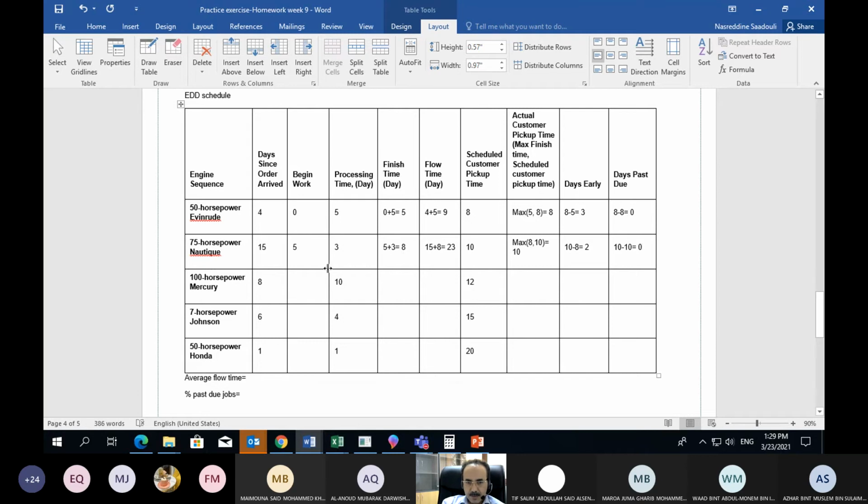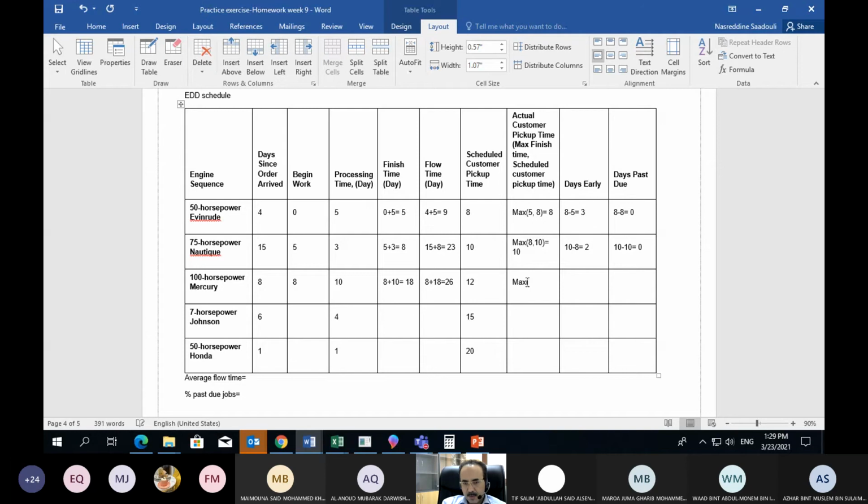Okay, so now for the third job, we're going to start it as soon as we finish the second one. So therefore, we'll start on day 8. It takes 10 days to finish. 8 plus 10, so it's going to be 18. For the flow time, 8, which is the days since the order arrived, and 18, which is the finish time, so 26.